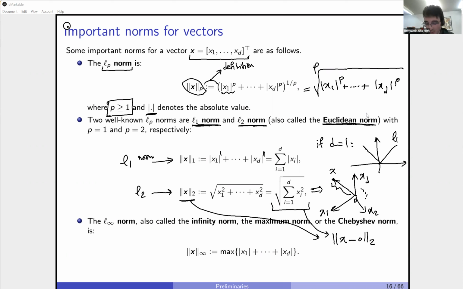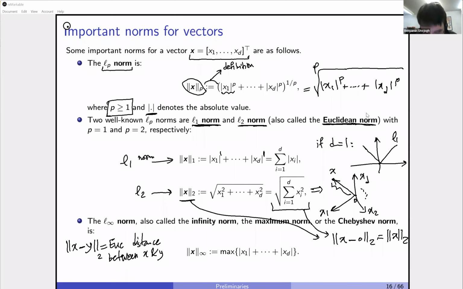And now this reminds you of what I said minutes ago. Do you remember? I said x minus y is the Euclidean distance between vectors x and y. And if you set y to 0, you will have this. So it means the distance between vector x and the origin, which is equivalent to the length of the vector x itself.